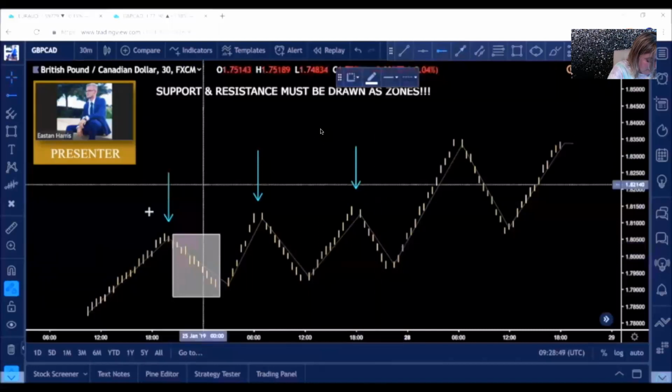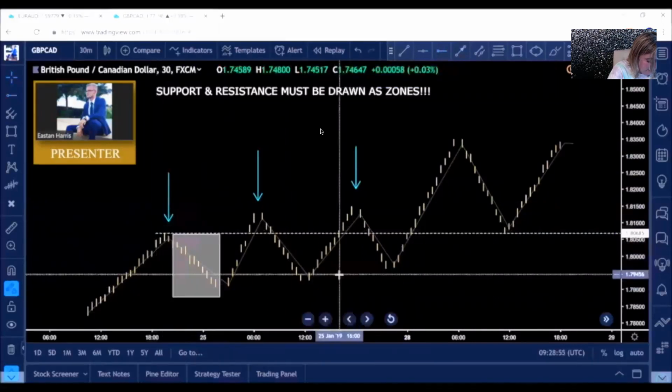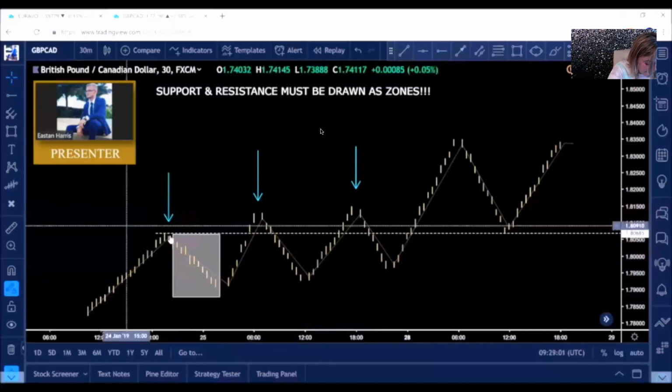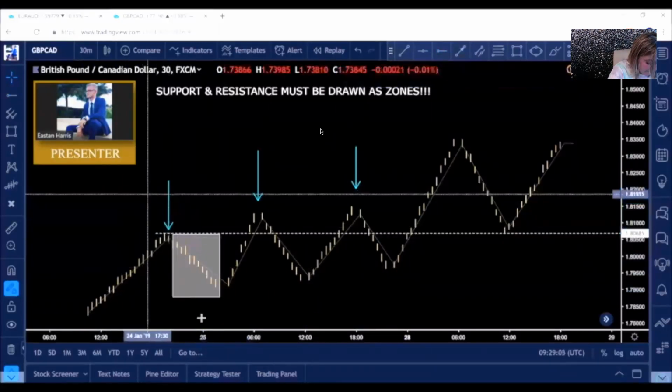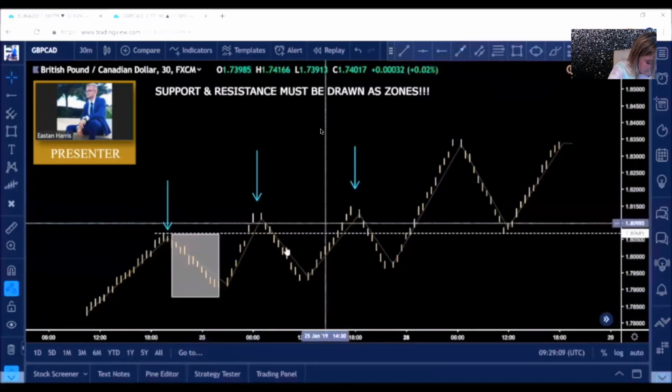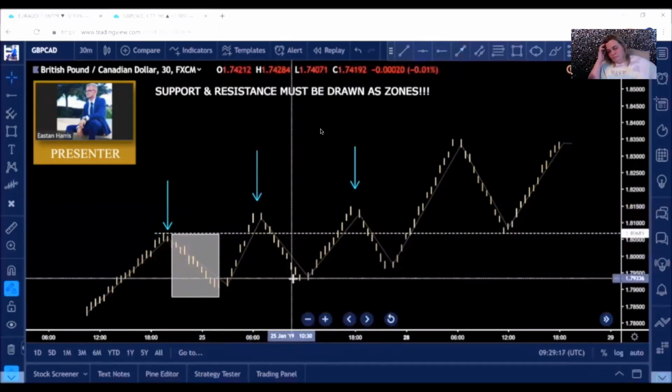Okay, so if we're looking for the very edge of this move here, I'll pull out this dotted line tool. It is right here. This is our bottom parameter for our zone. And it is the very edge of this move. Okay, guys, right here. Now, for the next reaction, we need to find the other side of our zone. We need to find the top portion of our parameters here.